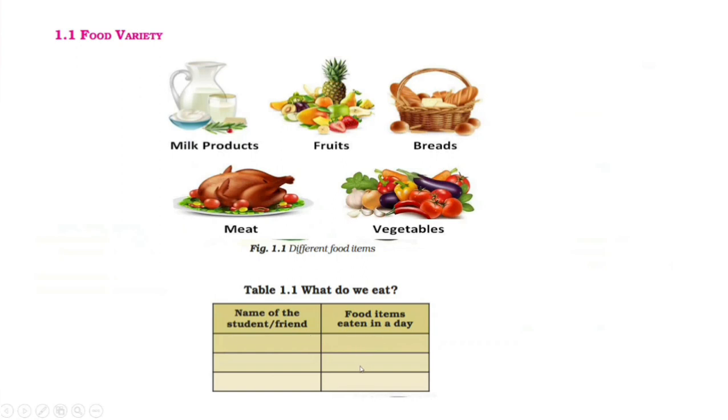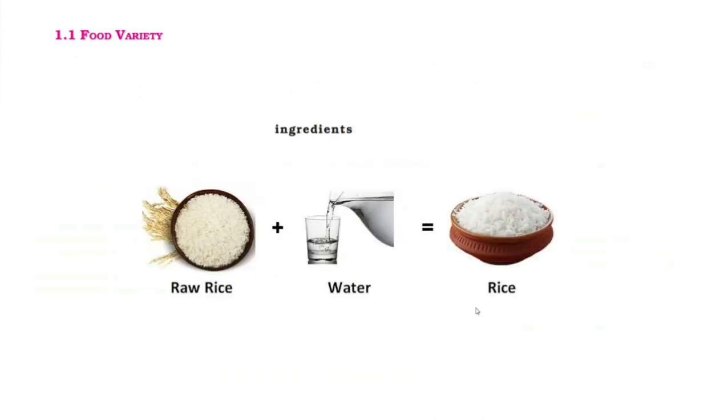It can be a parantha, idli or fried rice, whatever you have eaten, and compare what your friend has eaten today. You will see that your friend might have eaten something different, and even you don't eat the same kind of food daily.